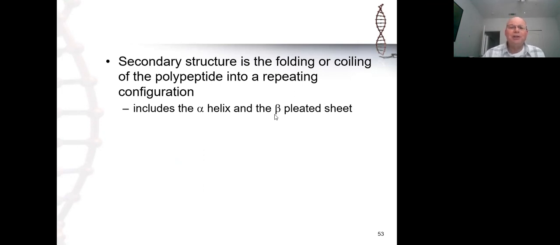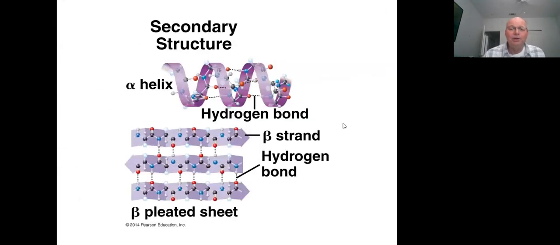So the secondary structure is made up of 2 structures called an alpha helix and a beta pleated sheet. And both of these occur as a natural consequence of the sequence of amino acids. So when you get a certain sequence of amino acids, just because they link together in the way they do, they naturally fold into a helical structure. This is the alpha helix. So this is a natural consequence.